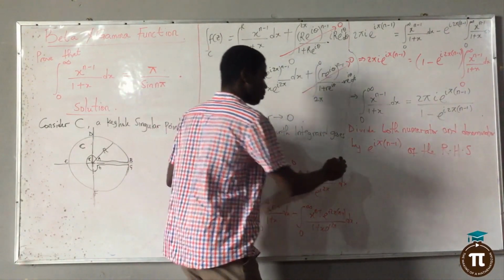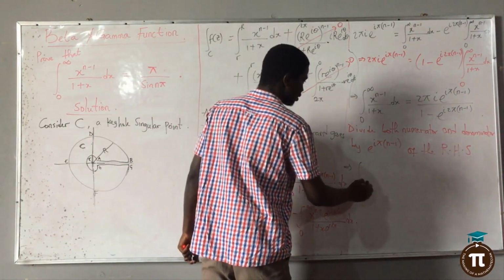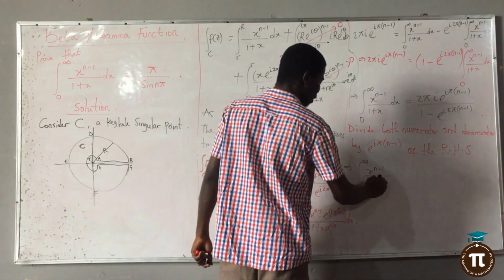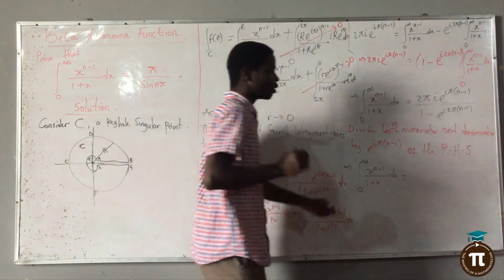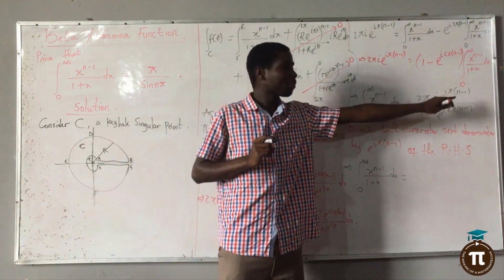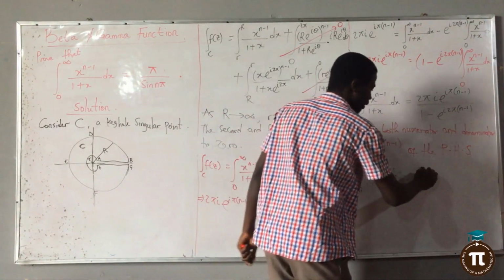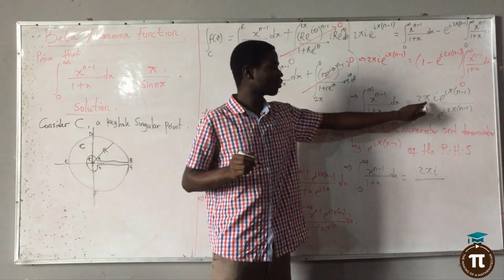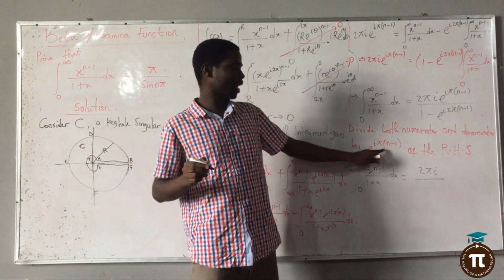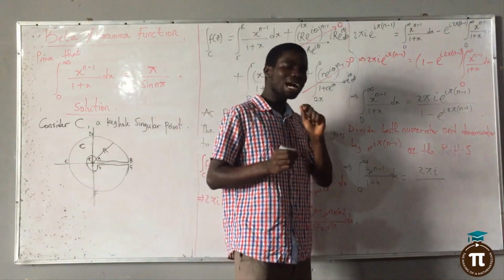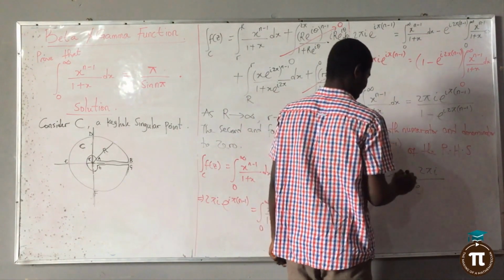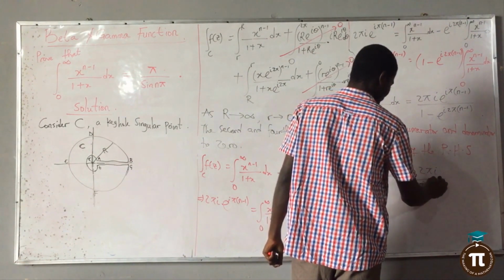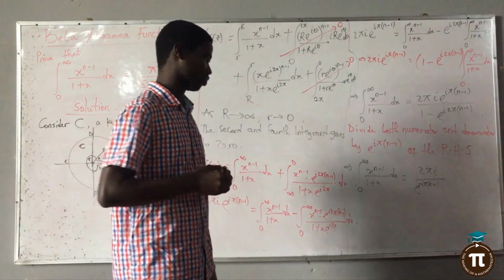So this one will become the integral from 0 to infinity of s raised to the power of n minus 1 over 1 plus s ds. Now by the time you divide this by e raised to the power of i pi (n minus 1), you will be left with 2 pi i all over, if you divide this one by e raised to the power of i pi (n minus 1), you will have e raised to the power of minus i pi (n minus 1).